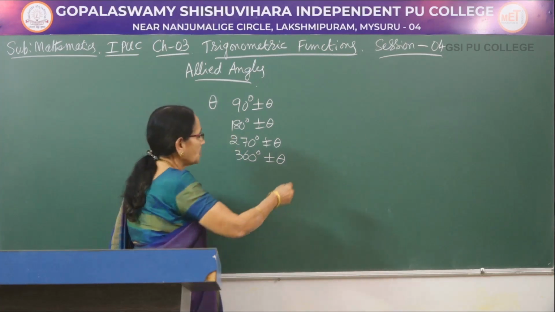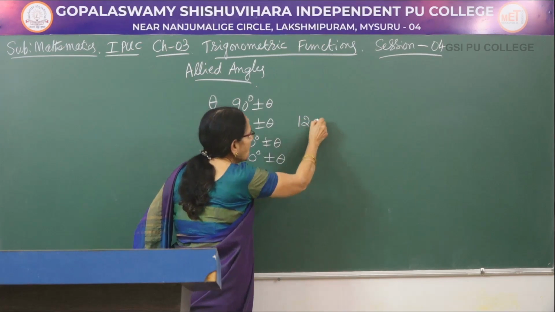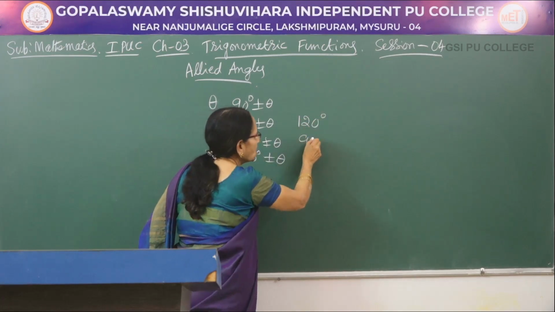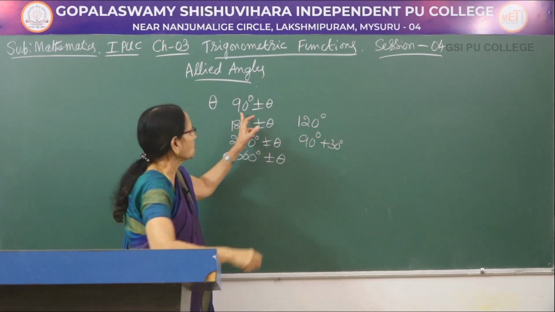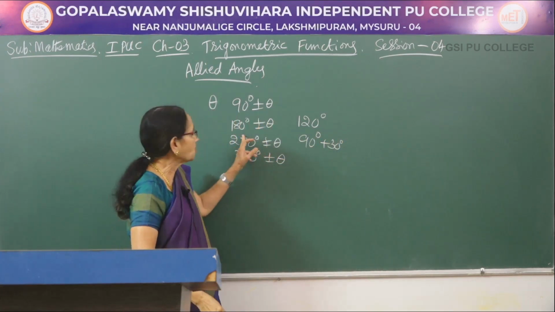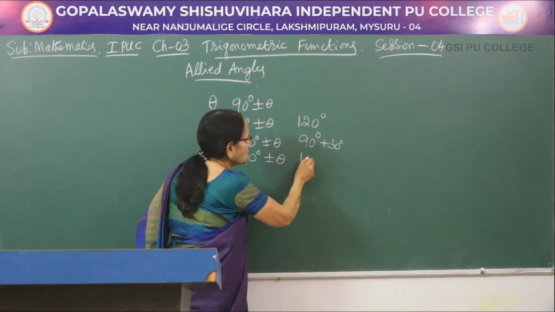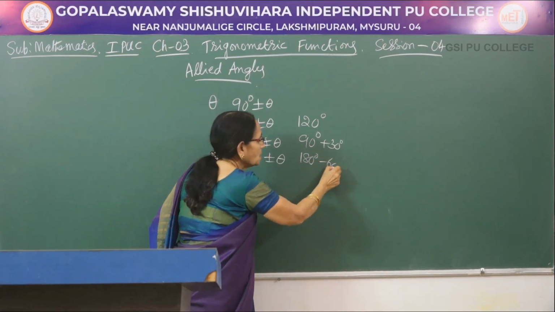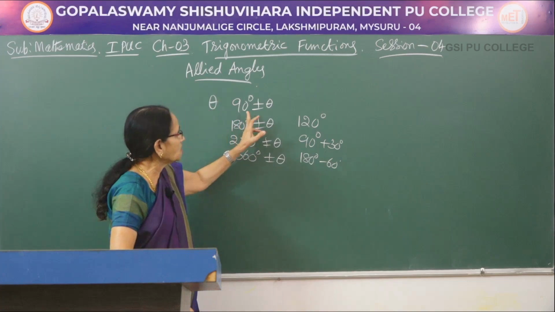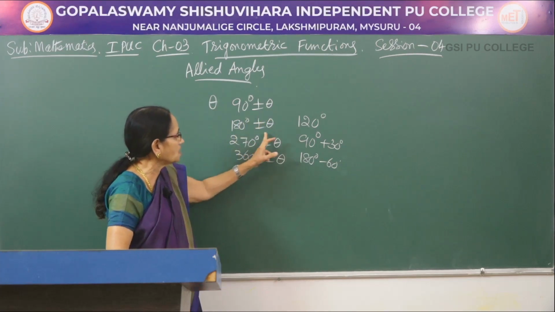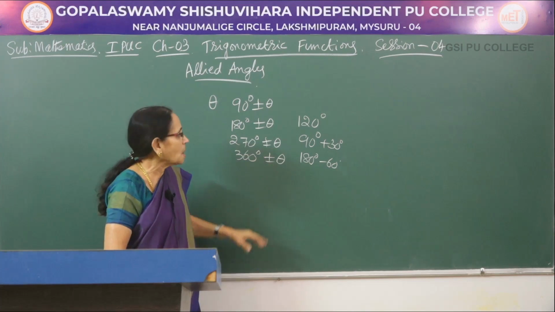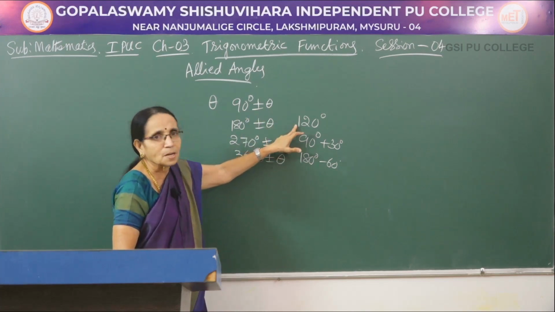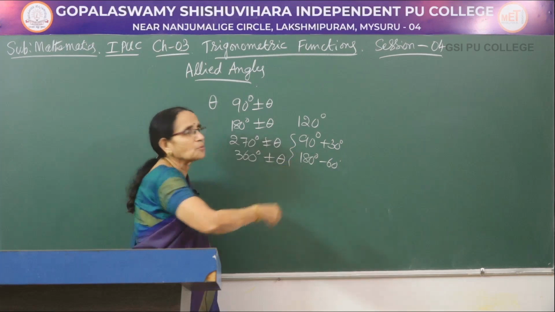For example, suppose I am having 120 degree. How can you write this? One method: you can write it as 90 plus 30, or you can write it as 180 minus 60. That is why I am writing 90 plus or minus, 180 plus or minus, 270 plus or minus, 360 plus or minus. So, the same angle 120 could be expressed in two different ways.